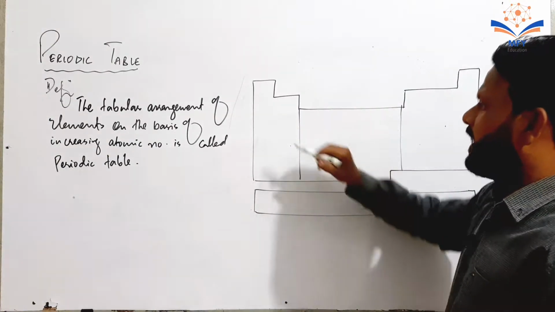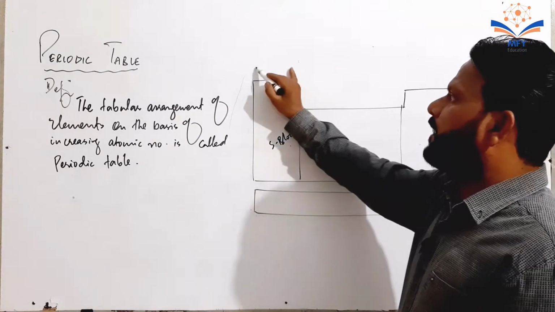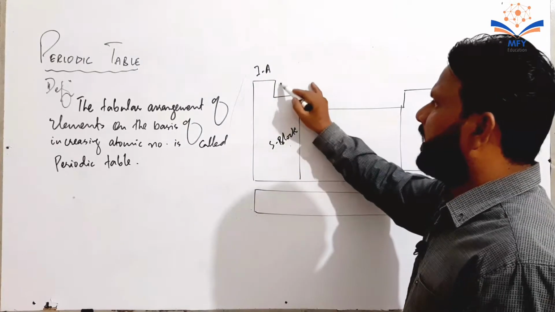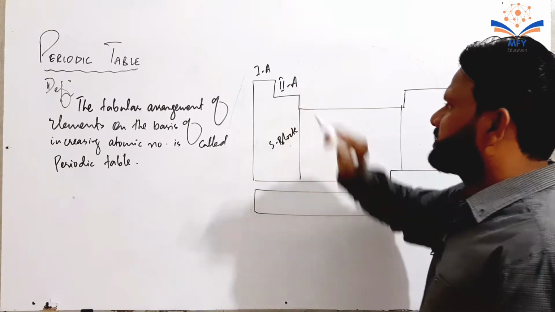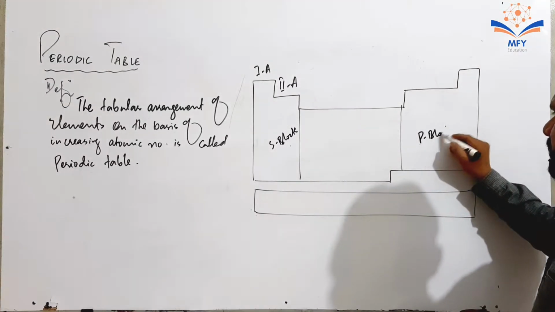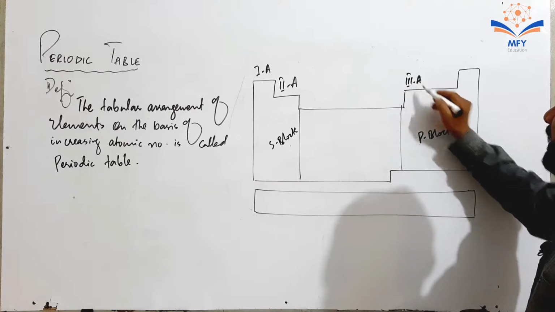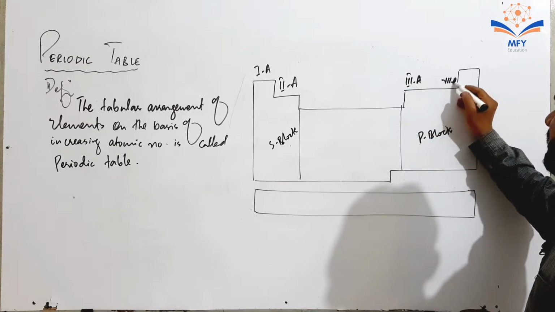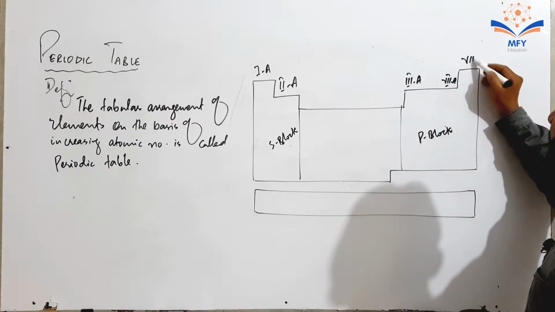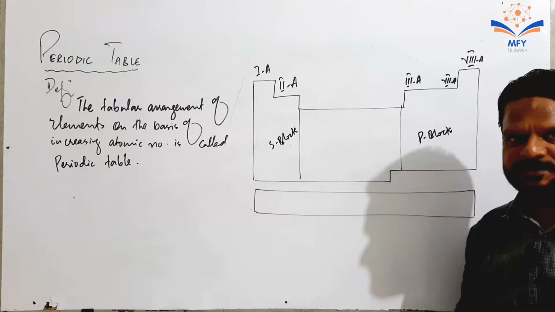Number one, S block, which includes elements of group 1A and 2A, alkali metals and alkaline earth metals. P block, which includes elements from 3A up to 7A. 8A are inert gases, zero group or noble gases.